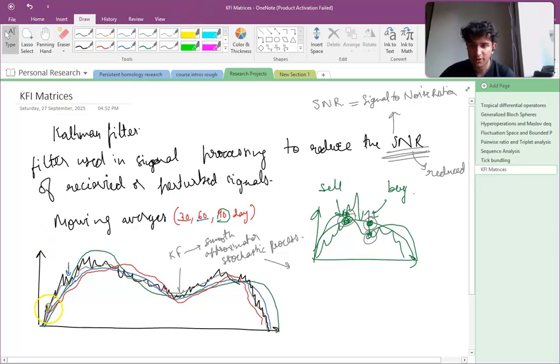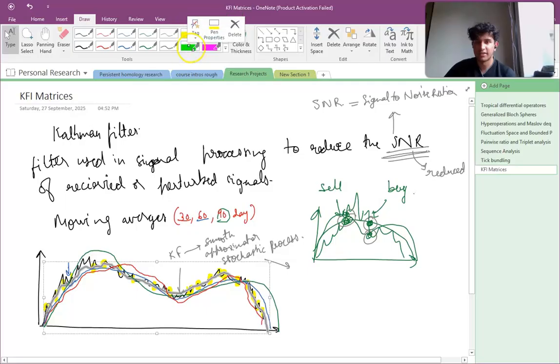It's possible for the Kalman filter and the original graph to intersect over here, here, here, here, here, here, here. I might miss a few, but my point is that these are all the points of interest. You can see the Kalman filter has frequent intersections with the original graph.